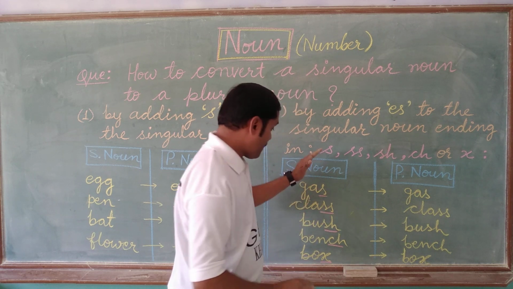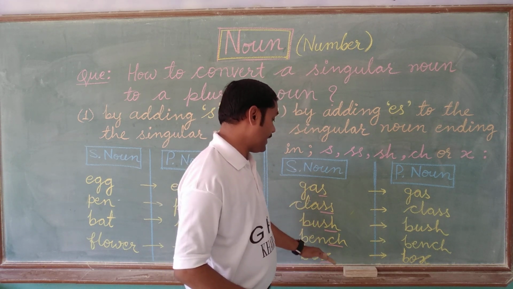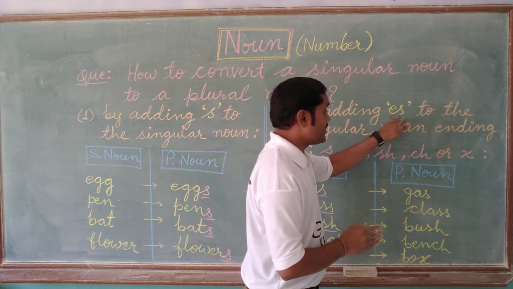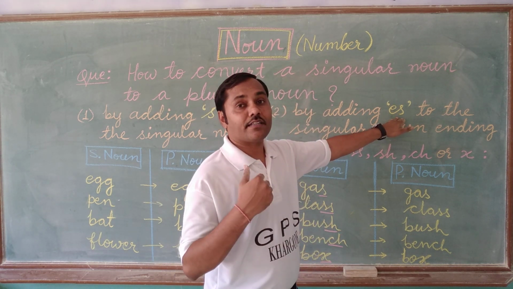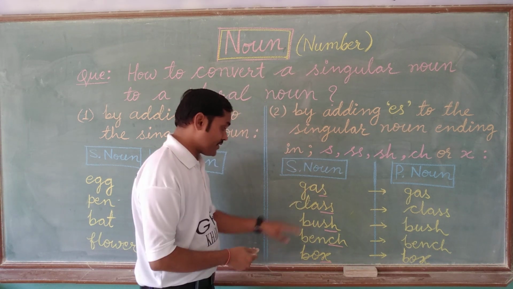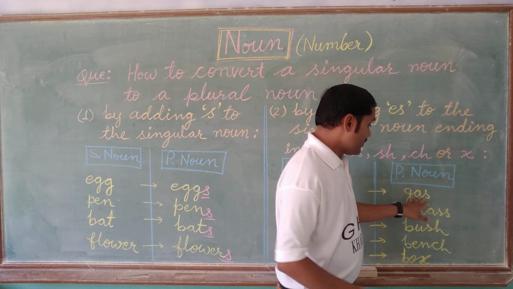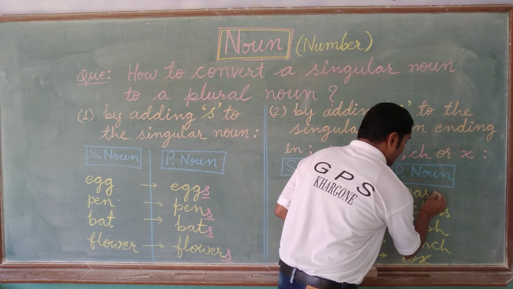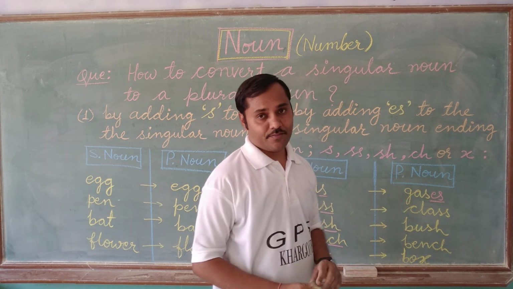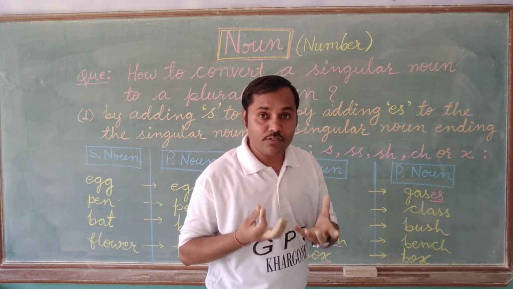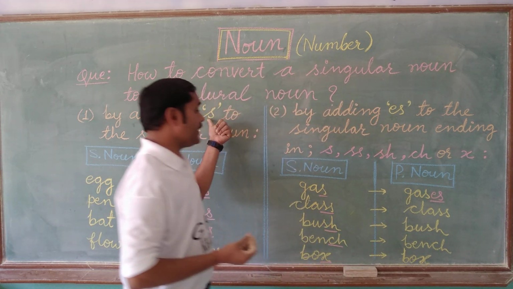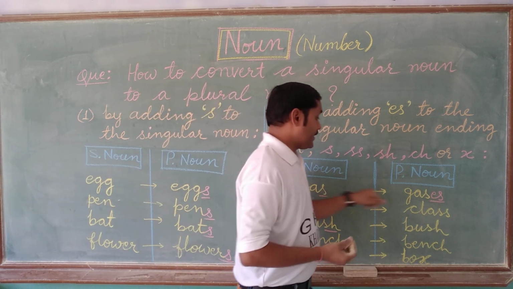So like this, when the nouns are ending with these sounds, generally we add ES to make it easier to pronounce. How? Let's see. Guess. Now we need to add here ES. Now the pronunciation is guesses. To make it pronounced easily, we add ES instead of only S. Okay.